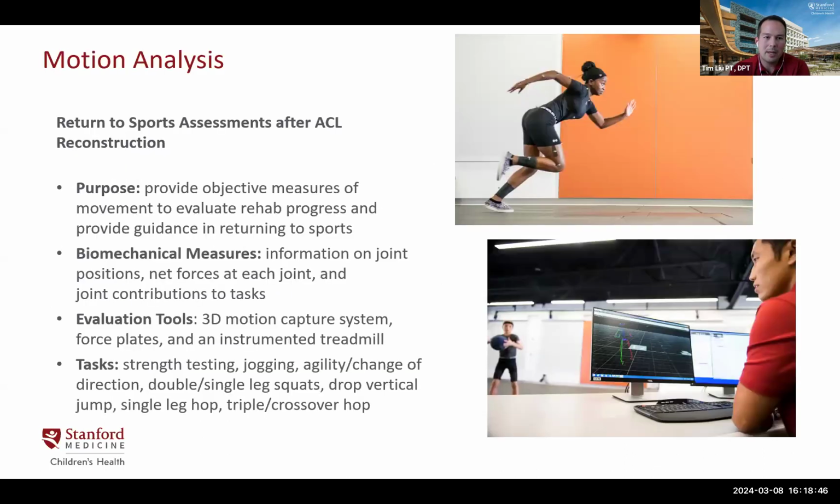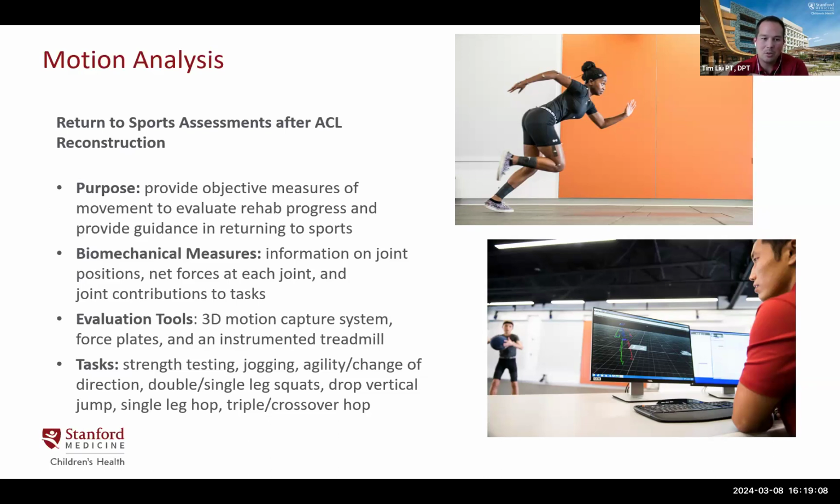In terms of our biomechanics lab, we're fortunate in our Sunnyvale space, as Amy was introducing, we've got a biomechanics lab with 3D motion capture, so cameras all around, and we've got some force plates built in. Really the purpose of this is to have some objective ways to identify how our patients and athletes are moving through a variety of different tasks.